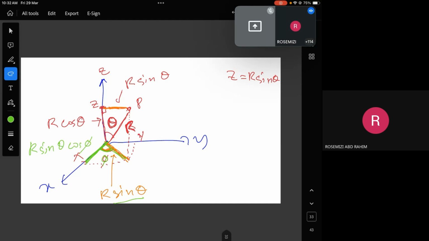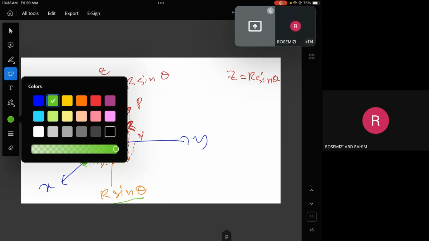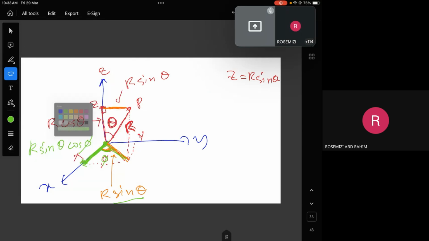This is x. So x is equal to R sine theta cos phi.